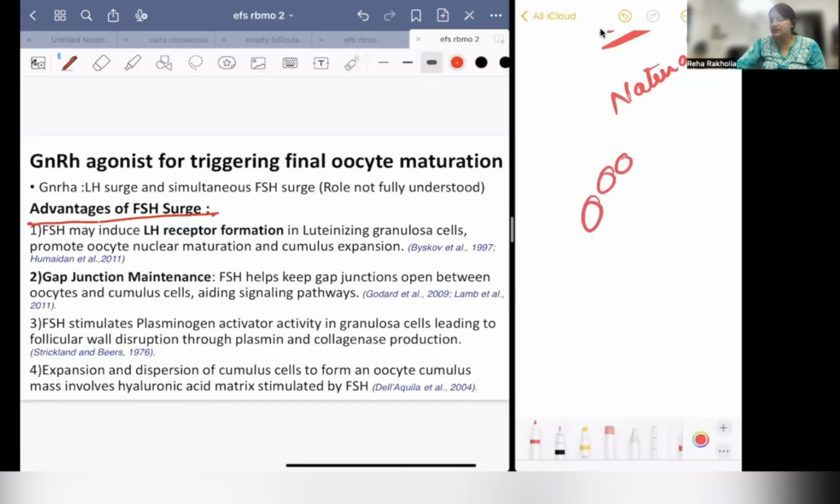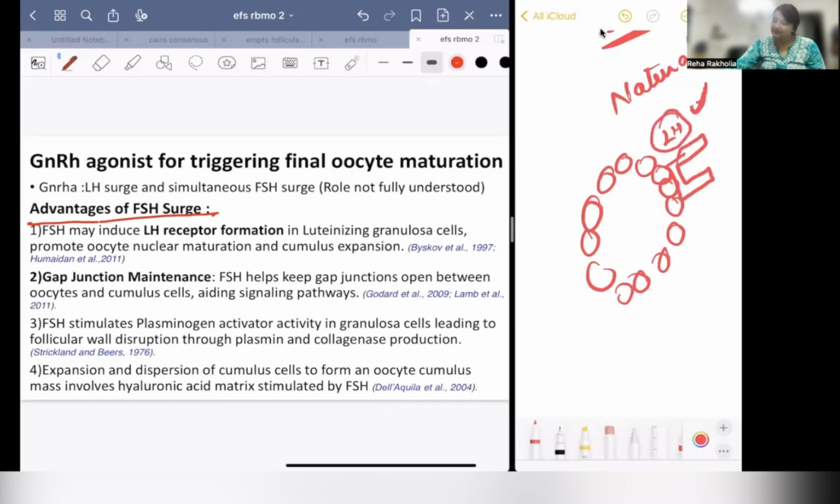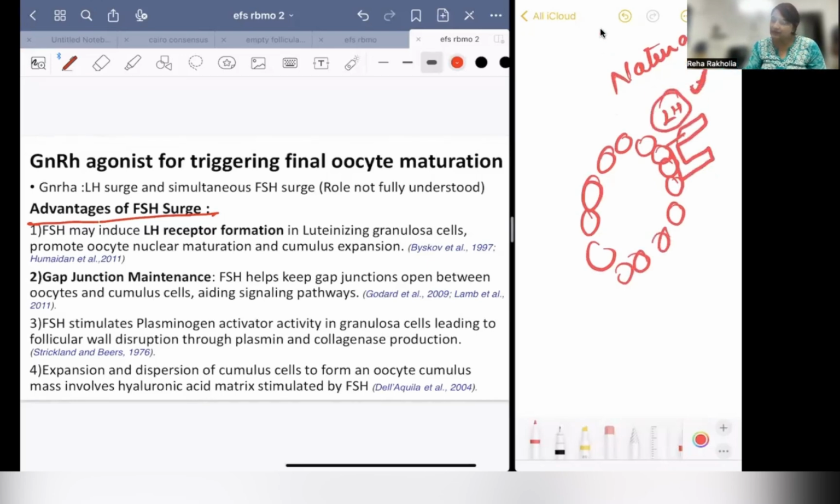First, FSH may induce LH receptor formation in the granulosa cell, and promote oocyte nuclear maturation and cumulus expansion. Okay, all this is done by FSH.